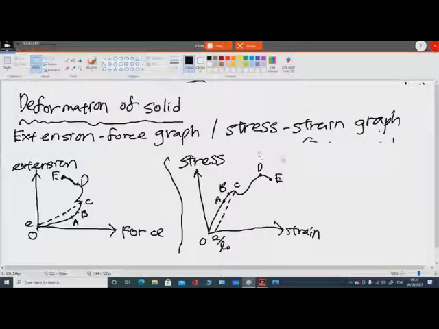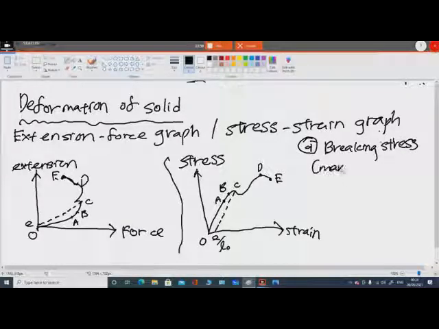Okay, so let's move on to point D. This point D is the point we call breaking stress. This breaking stress is the point where the maximum force is applied to the material.